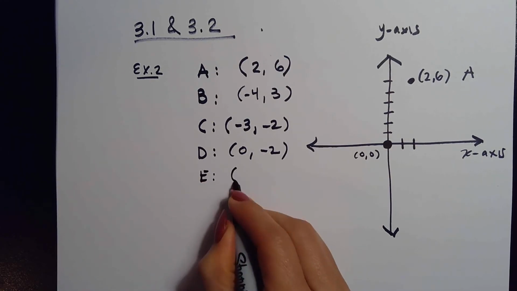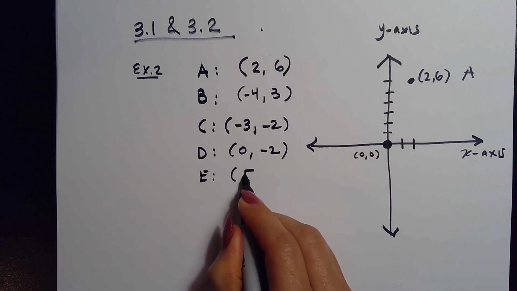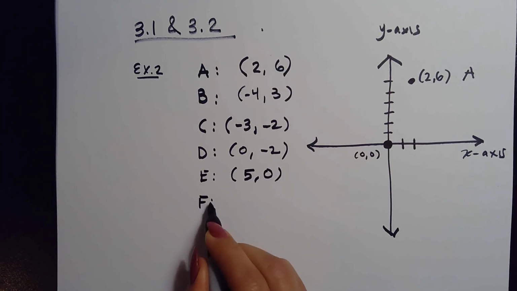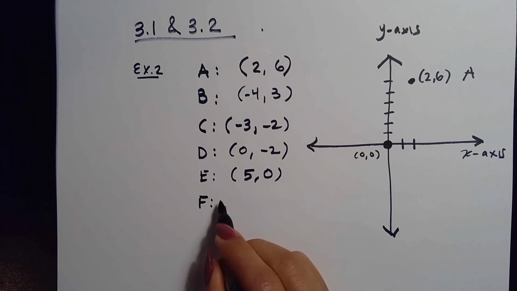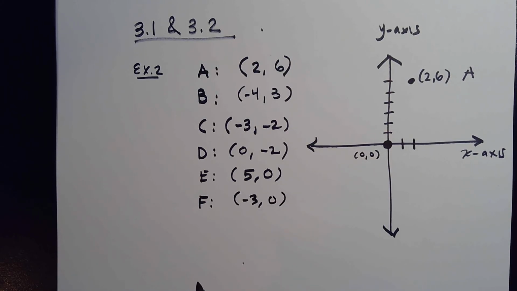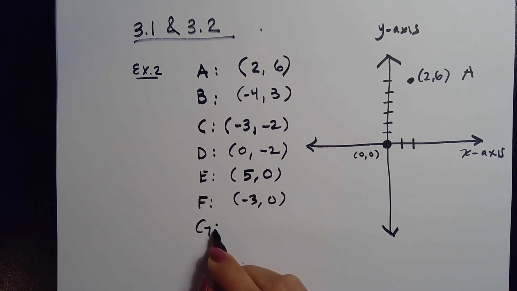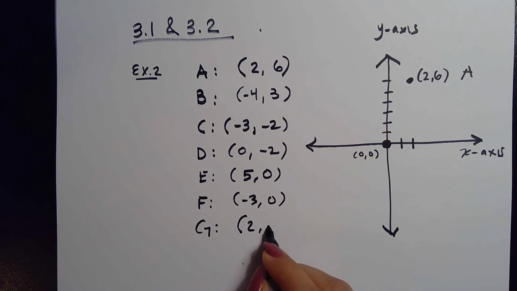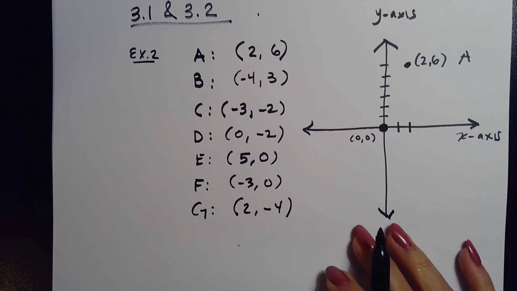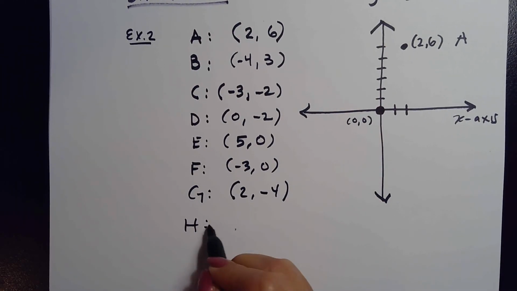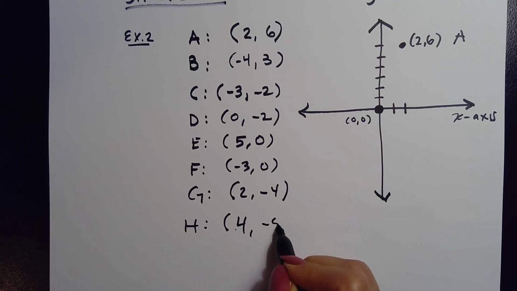E is 5 comma 0. F is -3 comma 0. G is 2 comma -4, and the last one, H, is 4 comma -5.